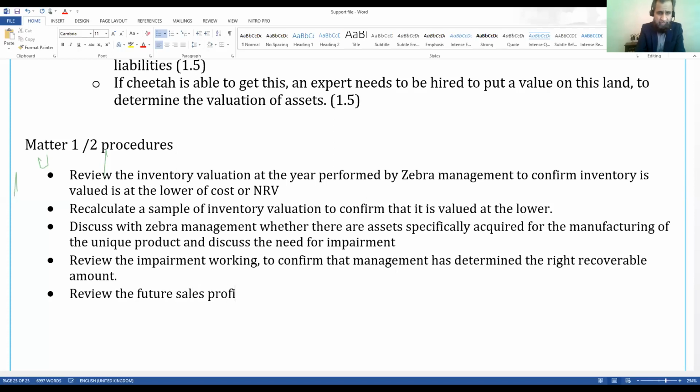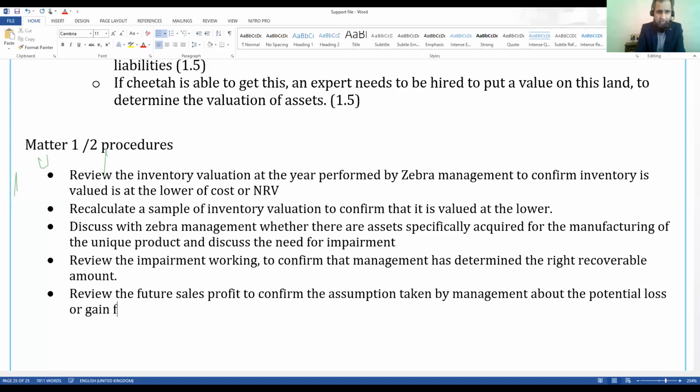We can review the future sales forecast to confirm the assumptions taken by management about the potential loss or gain from the new entrant into the market and the loss of the large retailer.